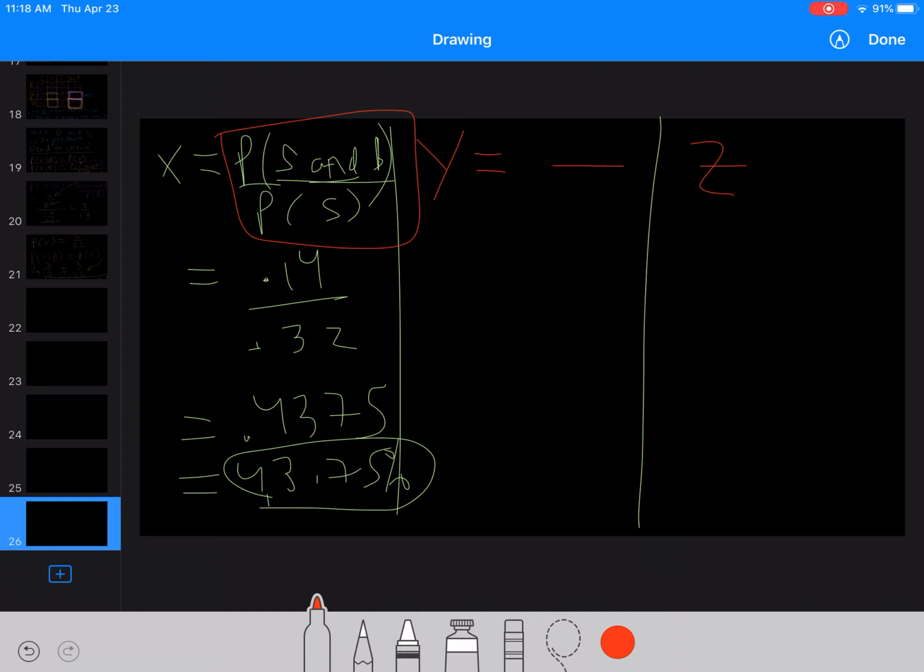So this is going to be 0.12 over 0.35, and that will be 0.343, which is the same thing as 34.3%.